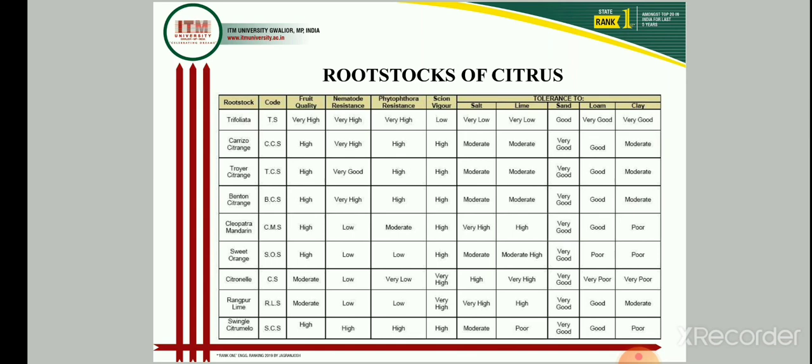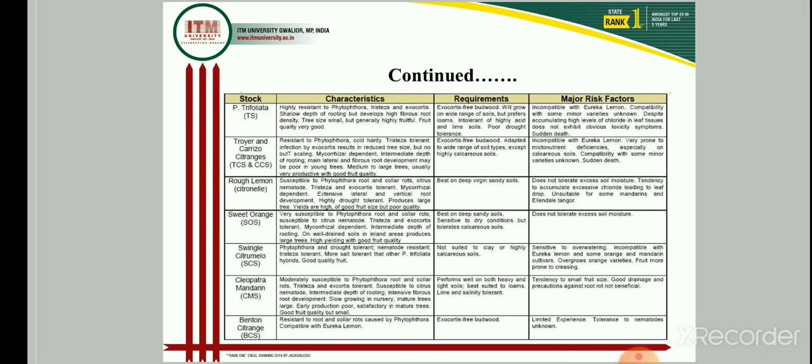Most of them were reported to grow well in sandy and loamy soil, with sweet orange and citrumelo not suitable for loamy soil. In clay soil, trifoliate oranges were reported to be very good rootstock.